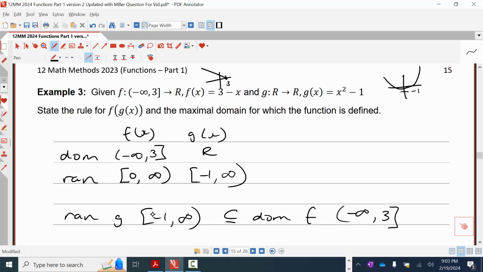What you'll notice here is this one is -1 to positive infinity. This domain here is -infinity to 3, okay?